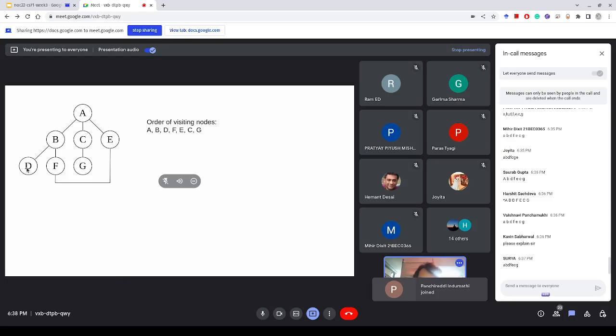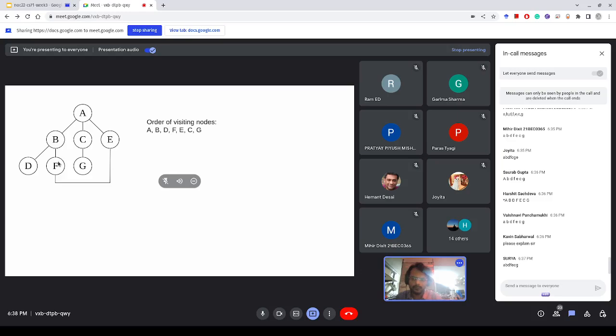Once D is reached, you go back to B, then you go to F, and then to C or E. Some of you have written C, but you would actually go as many layers down as you can. Even though in the representation E appears above it, that is only a visual representation. In graph theory notation, you visit all the nodes connected to the previous node.